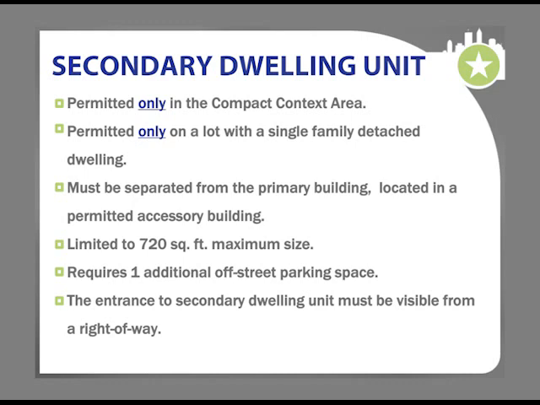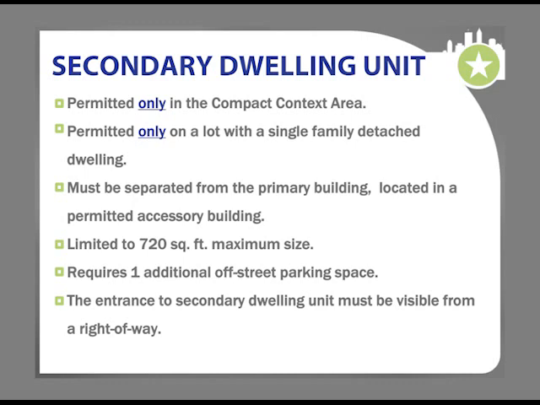The size of a secondary dwelling unit is limited to 720 square feet. That size is smaller than any of the permitted dwelling units in the lower density single-family zoning districts.